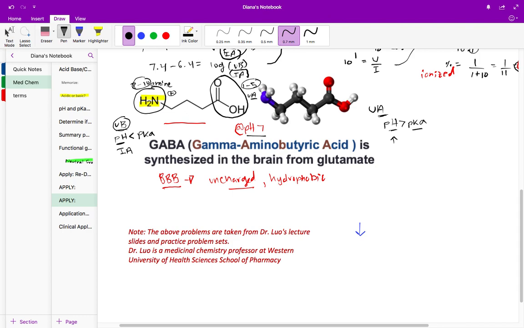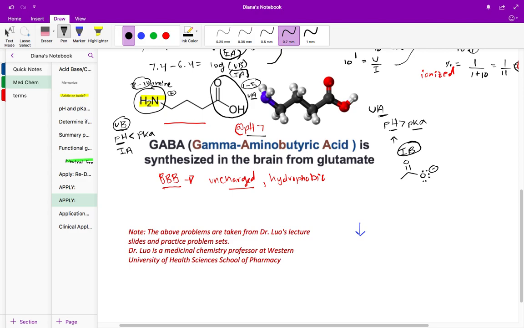An acid in a basic environment is going to be deprotonated. It's going to be in its ionized form, so primarily in the IB form. And so it's going to be in the form where you get rid of that acidic proton, and you have your IB or your ionized negative form.